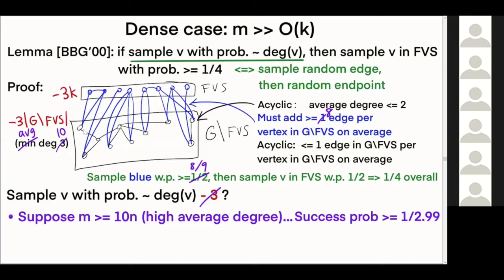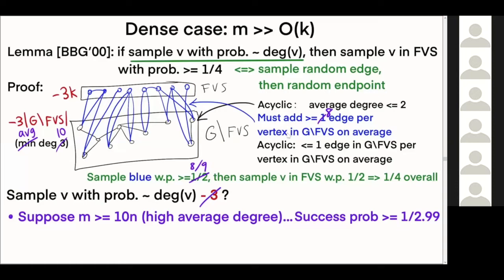But again, the degree in the G minus FES is at most 2, because the remaining graph is acyclic. So in order to go from 2 back to 10, we must add at least 8 edges per vertex in G minus FES on average.